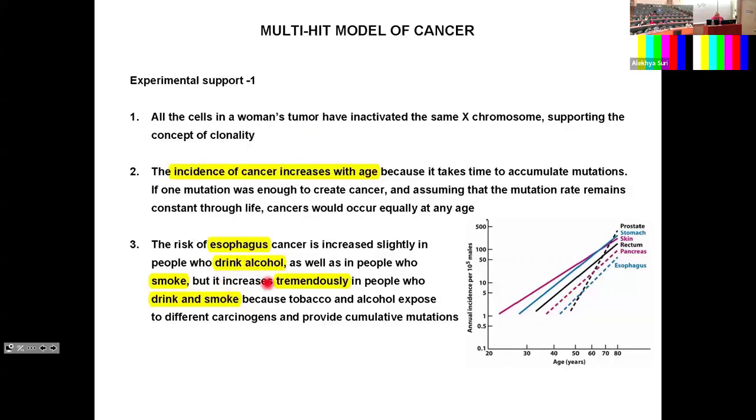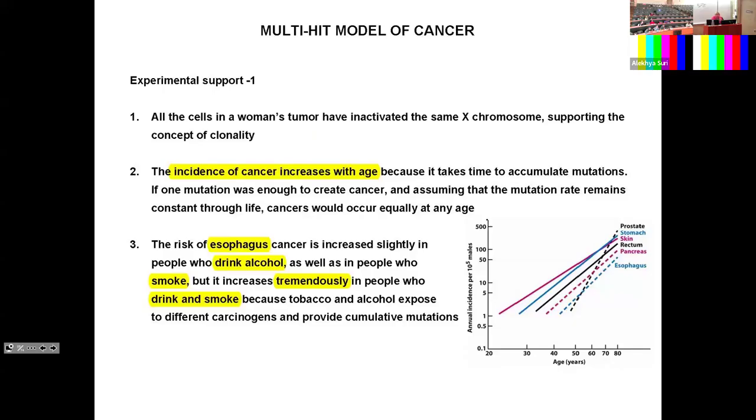Also, the risk of esophageal cancer is increased slightly in people who drink alcohol, as well as in people who smoke, but it's increased more in people who do both, right?